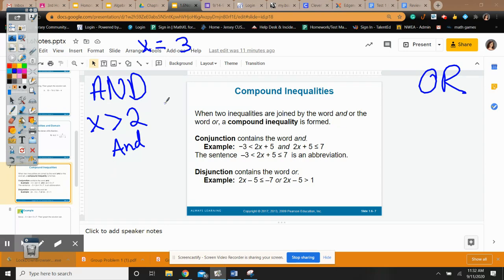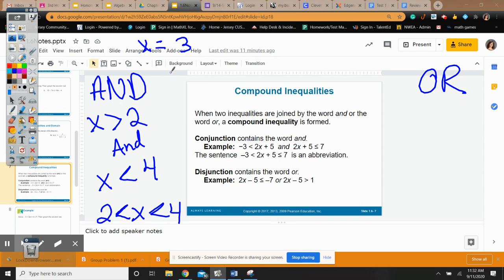And 3 is less than 4. So we can say both of these at the same time. So because we can say both of these at the same time, I can say 2 is less than x, which is less than 4, and 3 would fit into that graph.